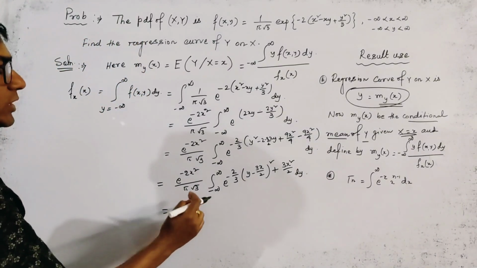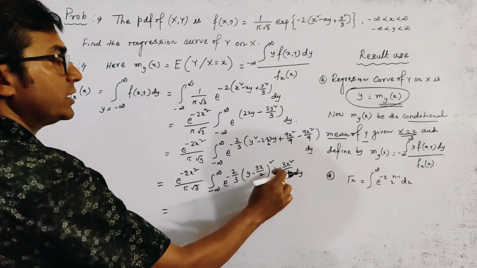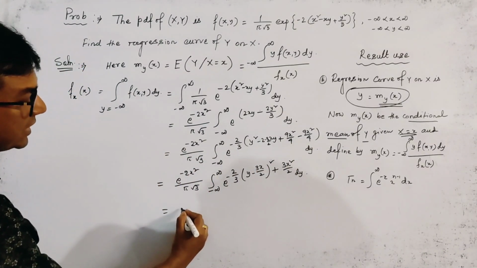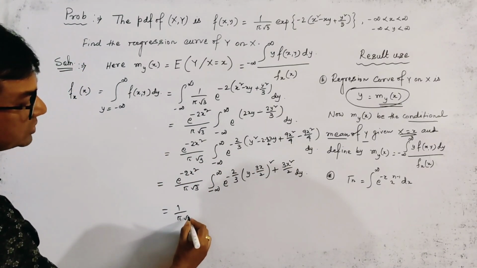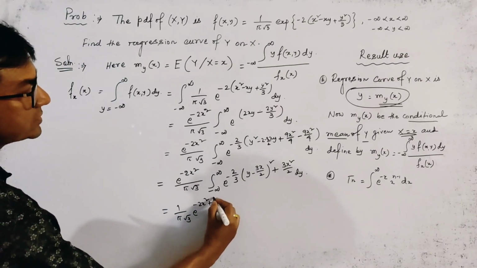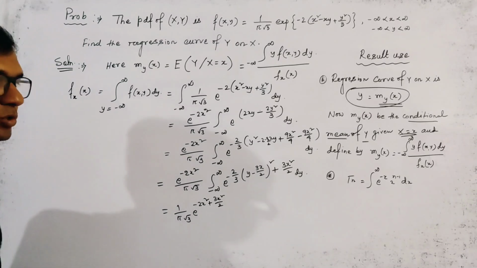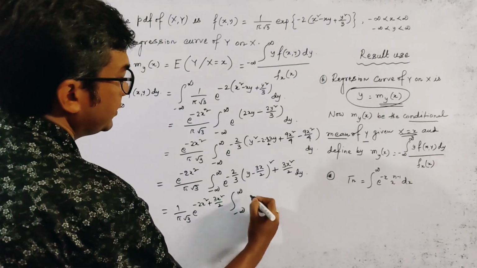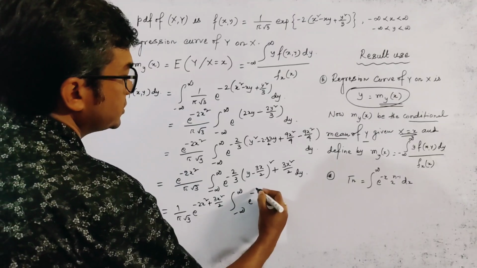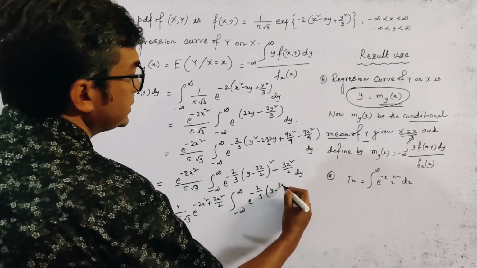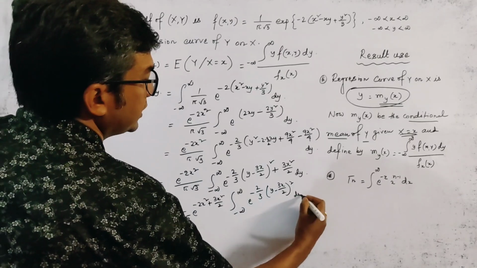Okay, and we again write e to the power 3x square by 2 outside the integration, and we get the result as 1 by pi root 3 e to the power minus 2x square plus 3x square by 2, times the integral from minus infinity to infinity of e to the power minus 2 by 3 (y minus 3x by 2) whole square dy.